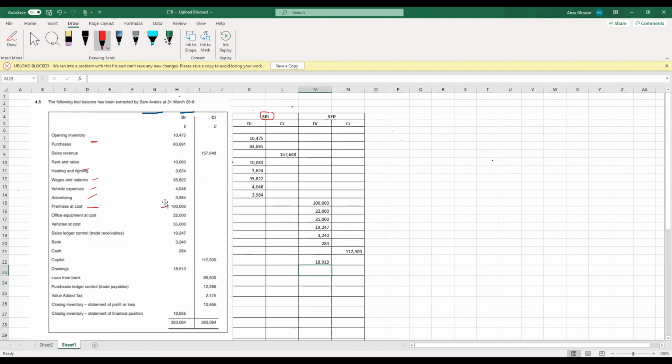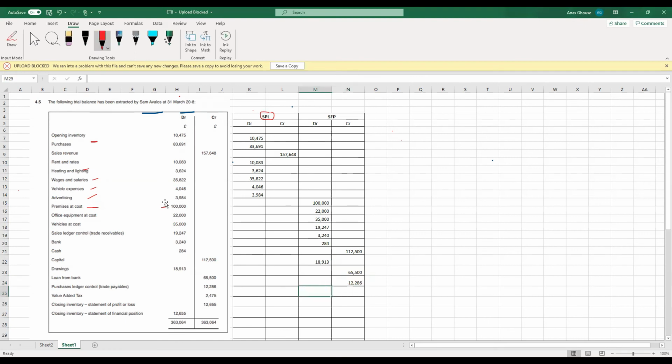Then you have a loan from bank, which is 65,500. It's a liability, on the credit side of the statement of financial position. You have purchases ledger control account. It's a trade payable, creditors. It's a liability.